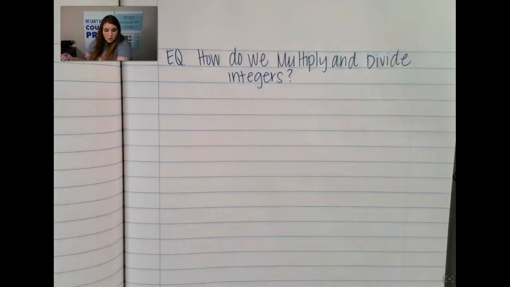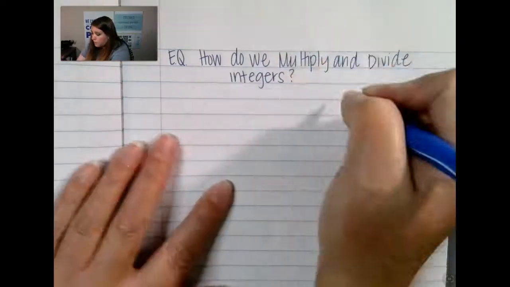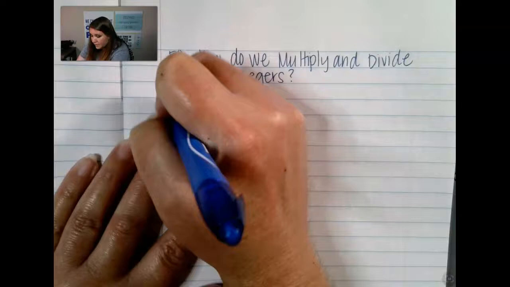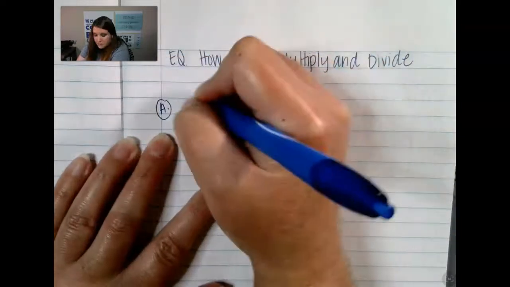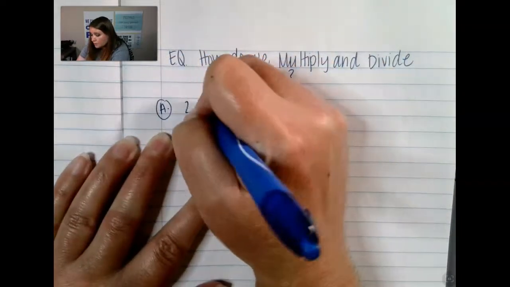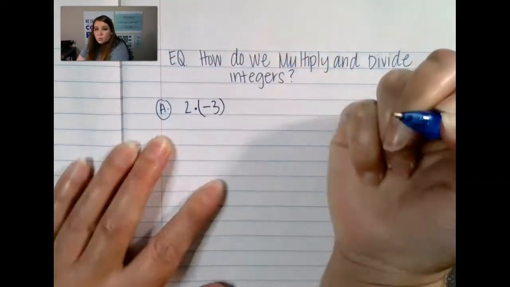So let's start with a problem that looks like this. We have this problem and it says 2 times a negative 3.